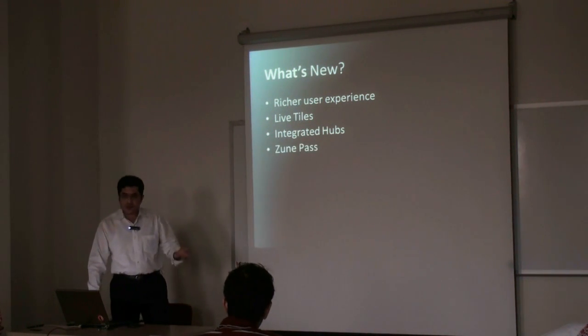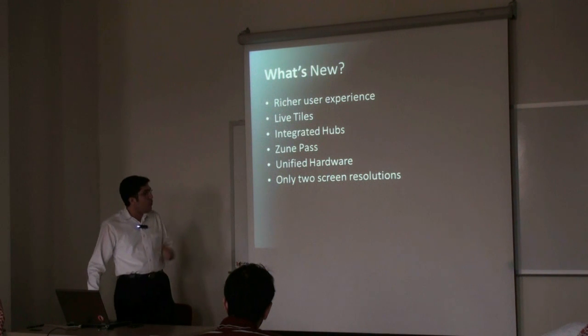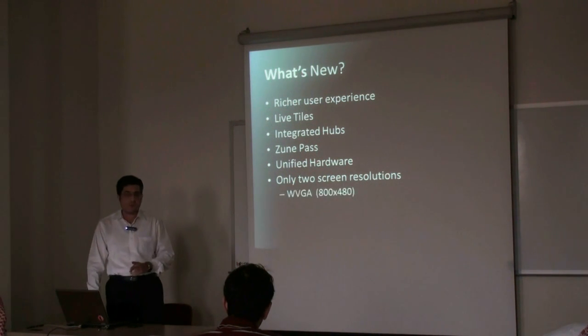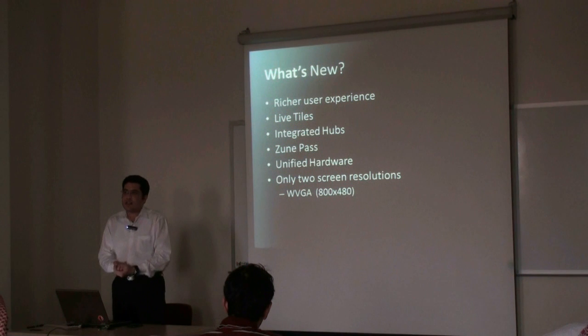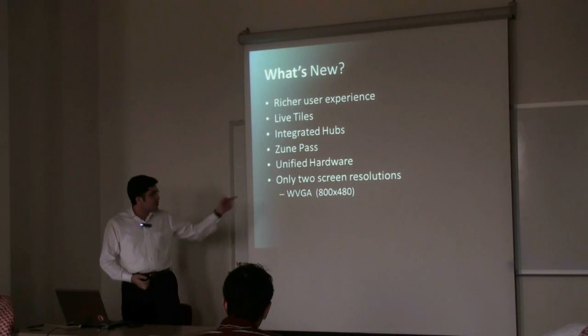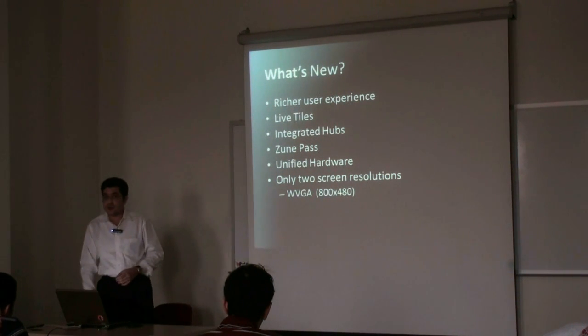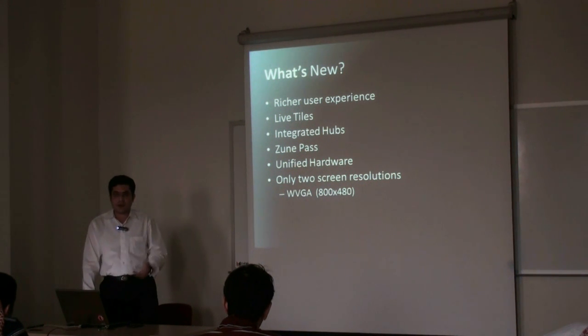Zune Pass, which is the Zune experience that we have talked about. Unified hardware. And basically, there will only be 2 resolutions, which makes it a lot easier for the developers to target the Windows Phone 7 platform. The first one is the WVGA, that's 800 by 480, which is a lot of resolution. It enables watching videos in a great resolution.